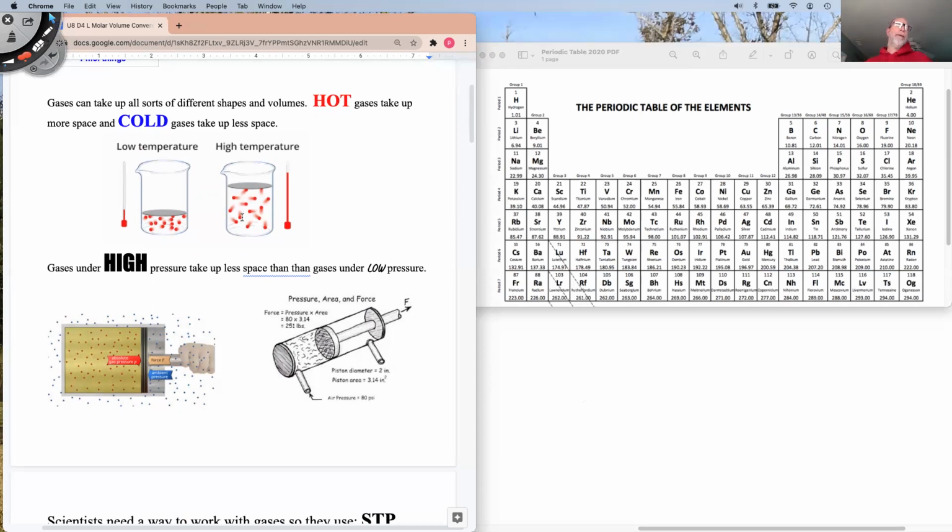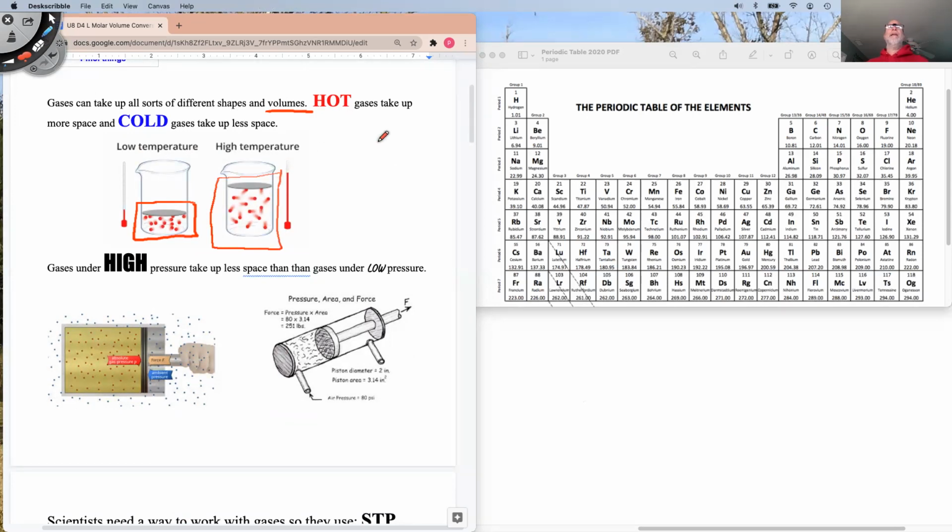And if you don't know that, you'll be learning that this year. So cold things take up less space. Space is another word for volume. Cold things take up less space, and hotter gases take up more space.